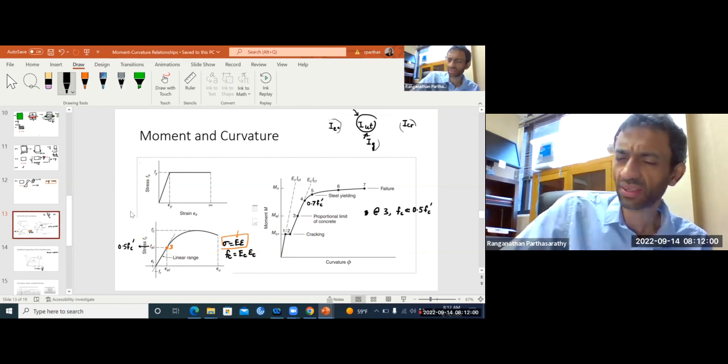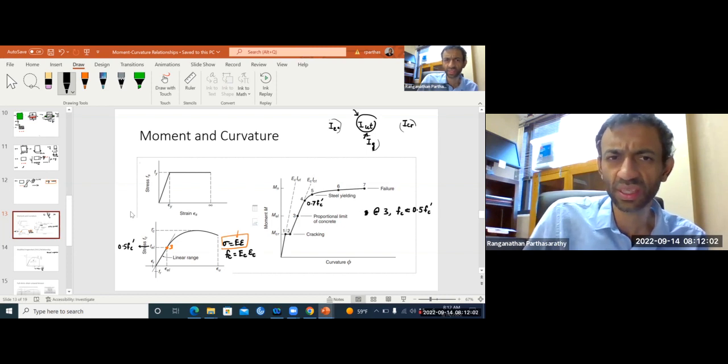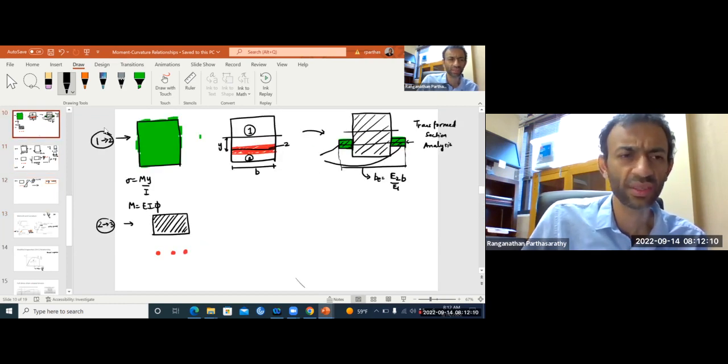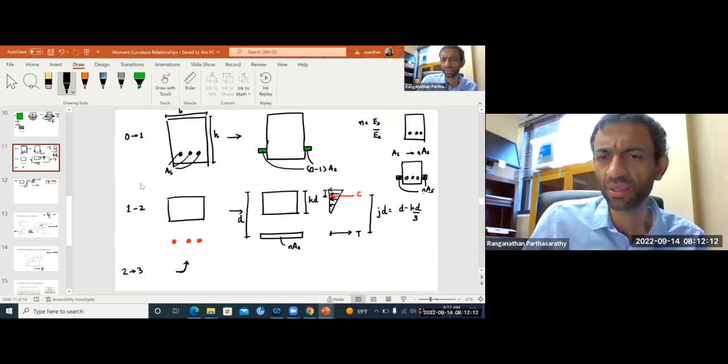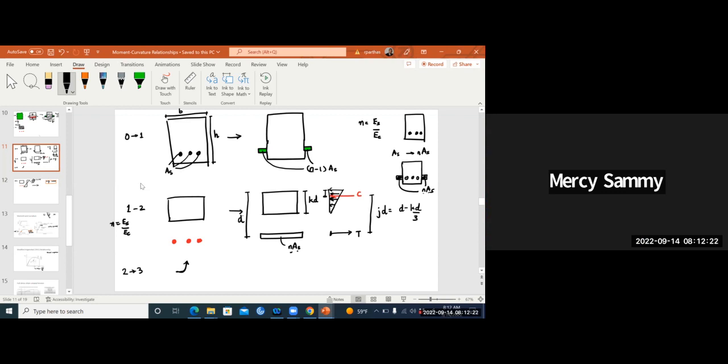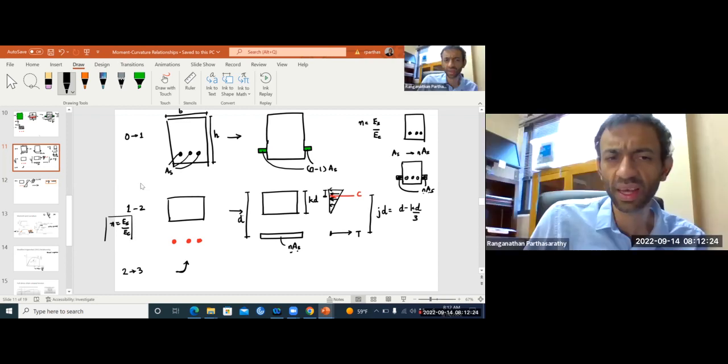That means we cannot write this. See, what were we using till now for equivalent section analysis? We were using modular ratio, right? Modular ratio N times As. What is N? N is modulus of steel by modulus of concrete, right? What do we mean? That means Hooke's law is still valid.